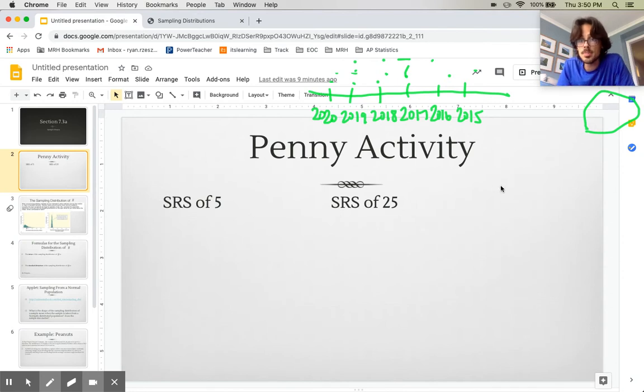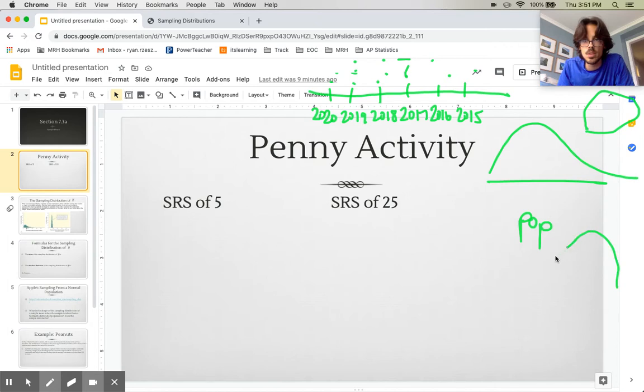So what you end up seeing for the population of pennies is a pretty skewed graph. If you have newer pennies over here, it looks like this. If you would do it the other way, it looks more like this. But it's a skewed graph, and it goes very far. There are pennies in that box from 2019, 2018, and there's the random penny from like 1950, 1955 as well.